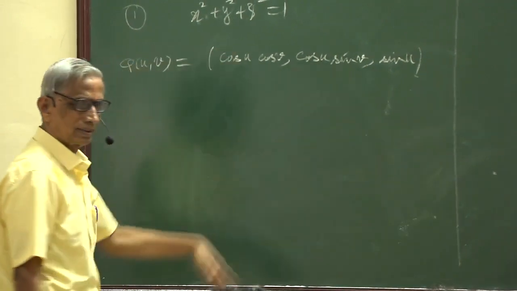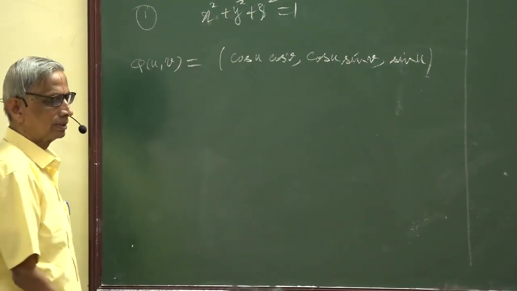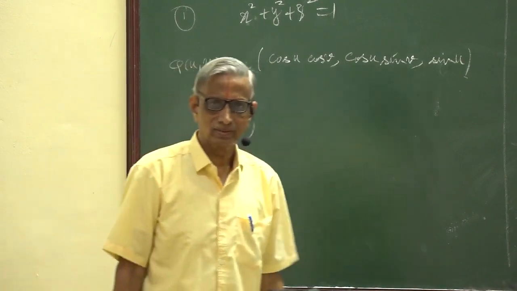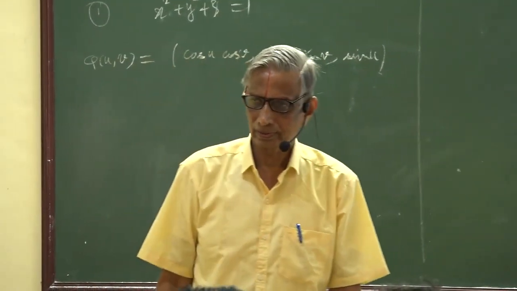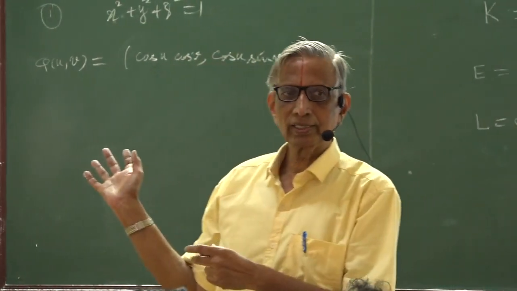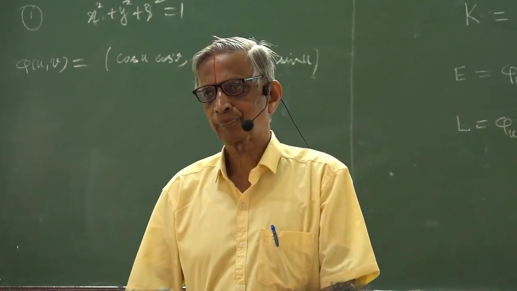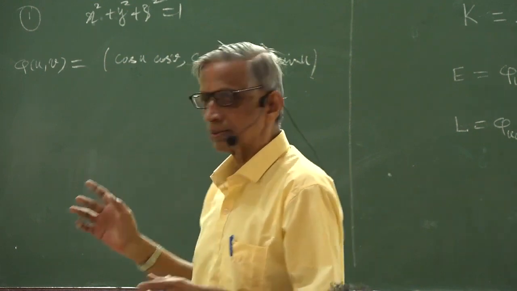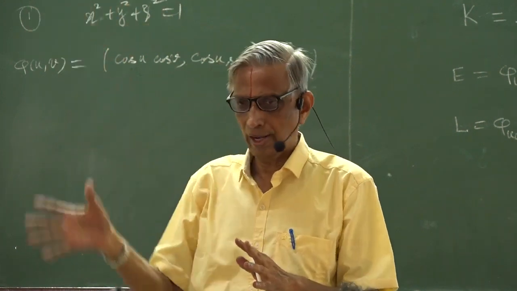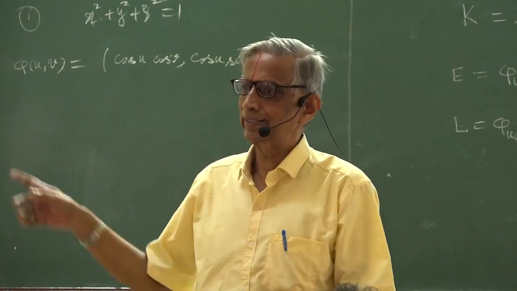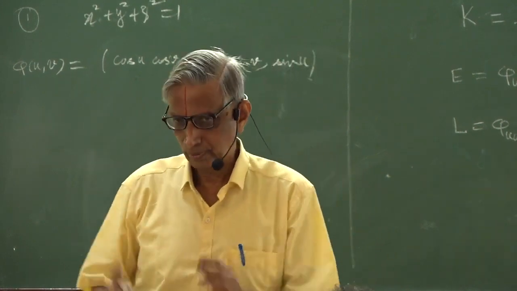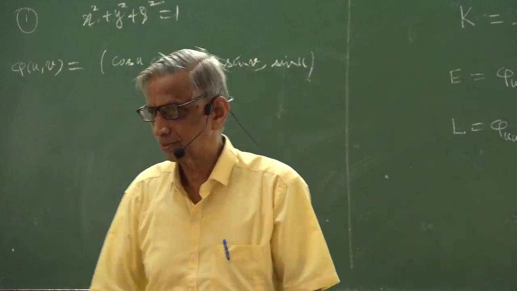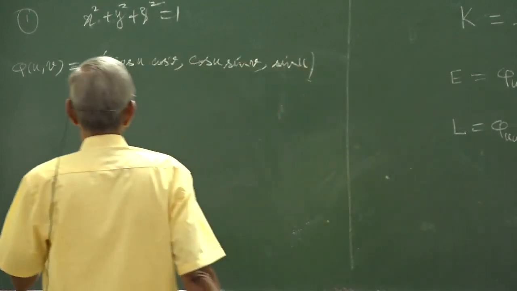So let us compute. I am not writing the intervals, where u lies and v lies. You must remember that when you write a parametric map like this, it covers only a part of the surface. You don't get the entire surface when you restrict to an open interval, usually, right?